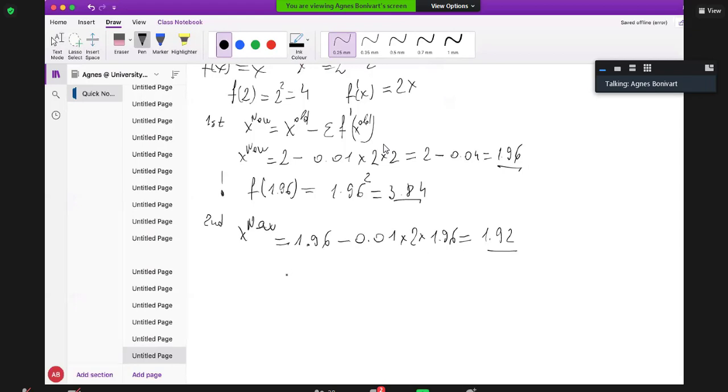Again, we shouldn't forget to substitute this new x into the function. So 1.92 squared, which is 3.68. And we have to multiply 0.01 in both, I think, 2 and 1.96, in the second last line.